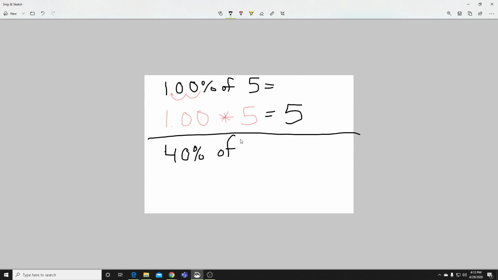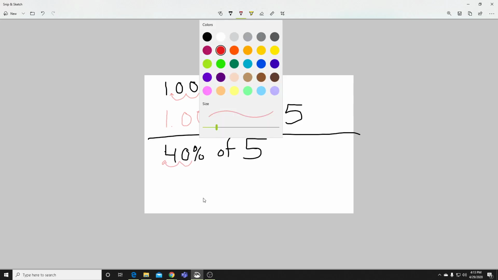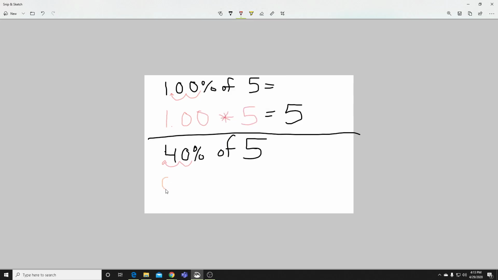You would want to see how many points you got right out of 5. So this type of problem could solve that. So again, you follow the same steps. Move the decimal over twice. This now gives us 0.4. 0.40, it's the same thing, of 5.